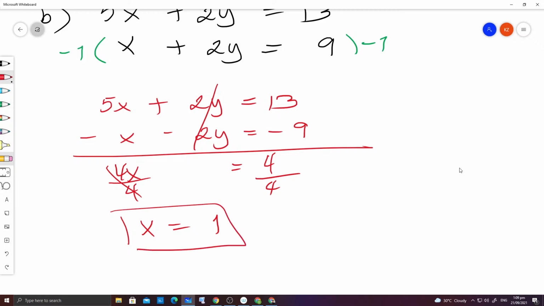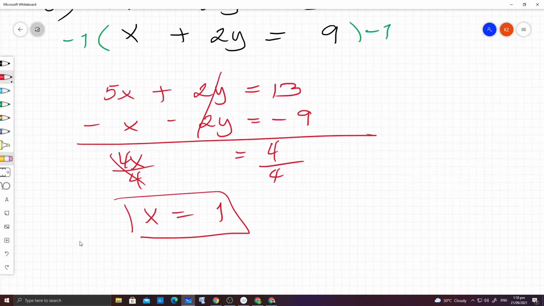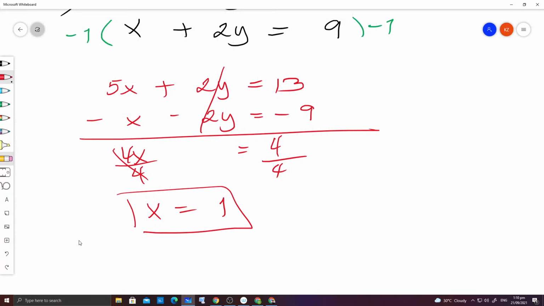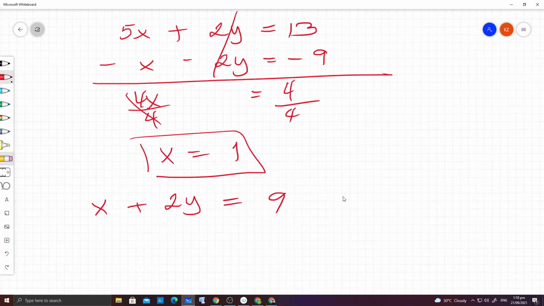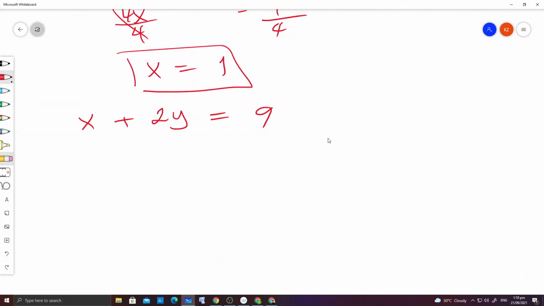Next, to find the value of y, let us choose equation 2, the original one. So x plus 2y equals 9. You can use the original equation.